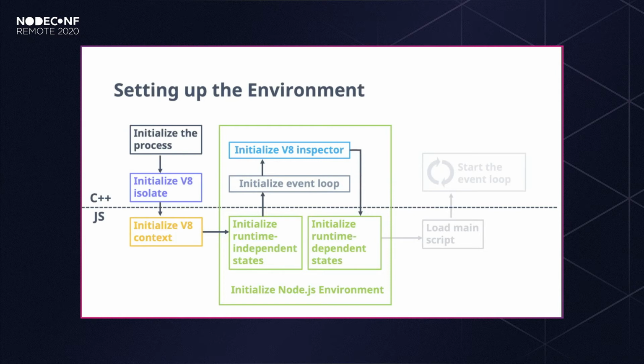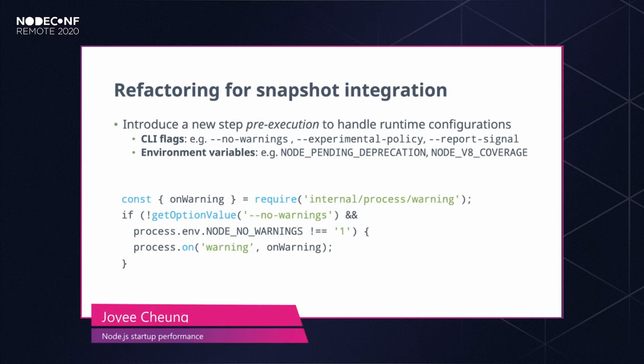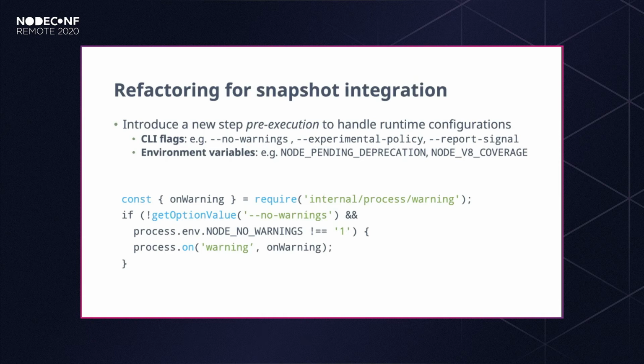And then we initialize the runtime dependent states. During this phase, we configure the environment according to the command line flags and the environment variables that the environment gets. And most of the setup is optional depending on how the environment is configured.